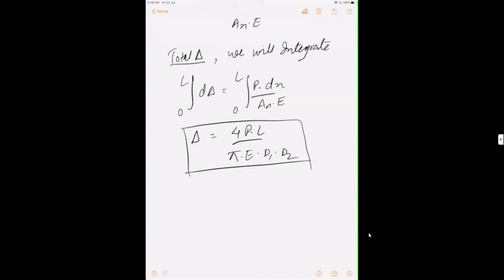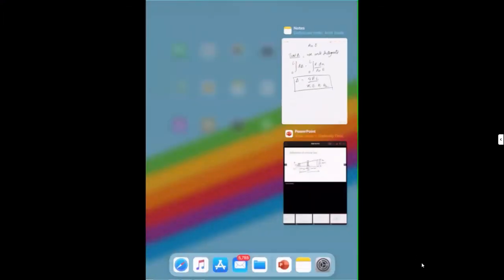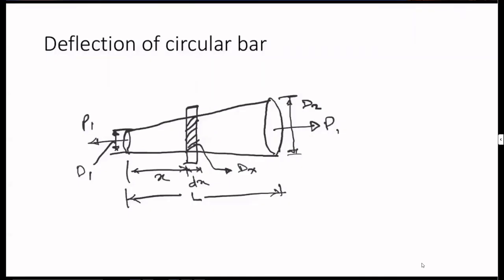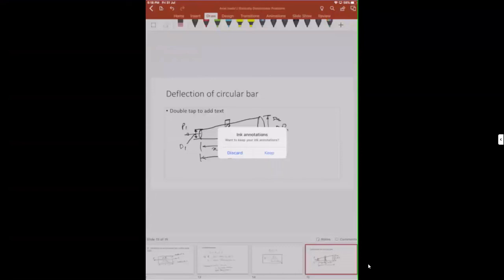Okay, so right now we have come to the deflection of a circular bar. In the next class, we will see some residual stresses, concentration of stresses, and deflection of bars due to self weight.